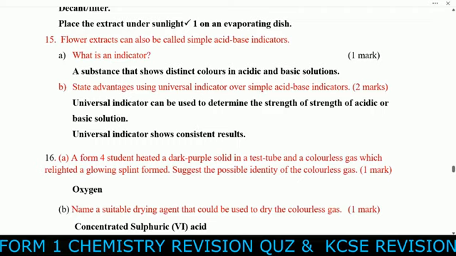Number 15B: state advantages of using universal indicator over simple acid-base indicator. Universal indicator can be used to obtain the strength of an acid or basic solution. Universal indicator shows consistent results.